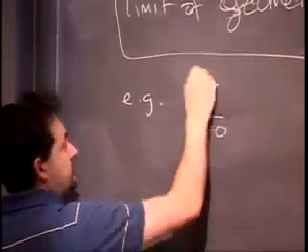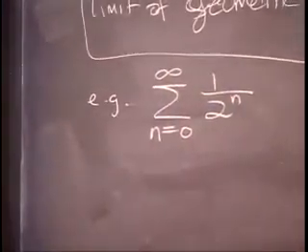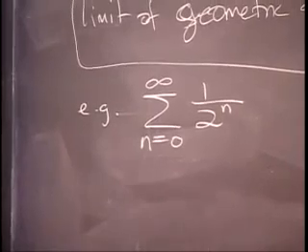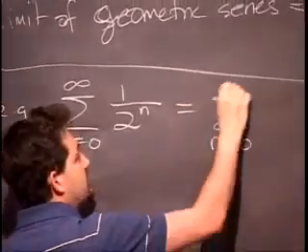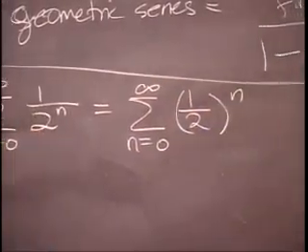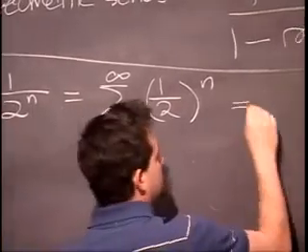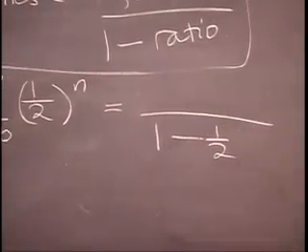Well, if you take our favorite old chestnut, the sum of 1 over 2 to the n, that's the sequence 1 plus a half plus a quarter and so on. It's a geometric series, all right, especially if you write it as 1/2 to the n. Now you can see that the ratio is 1/2. So what's the first term?